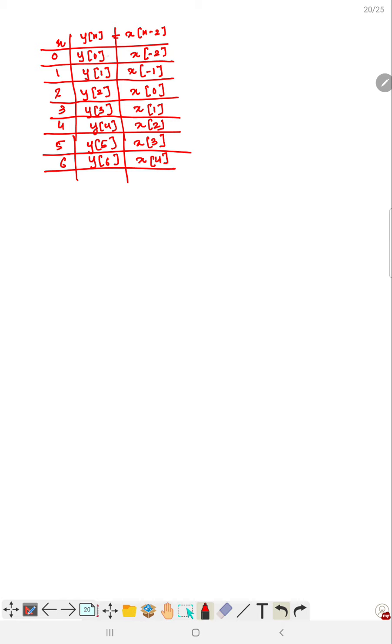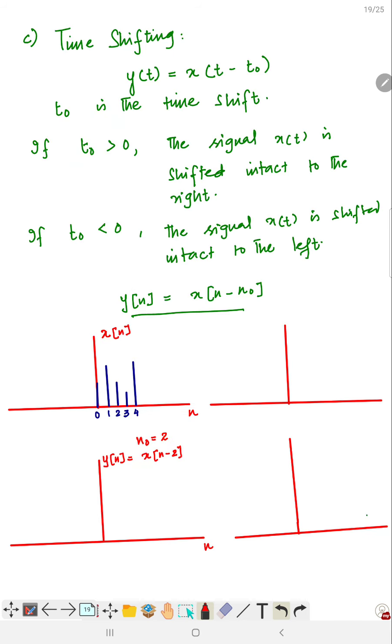So it means y of 0 and y of 1 are x of minus 2 and x of minus 1. Now we don't have any value at minus 2 and minus 1. Just to make you understand, if this point is minus 1 and this is minus 2, there are no sample values at minus 1 and minus 2 in the original signal.